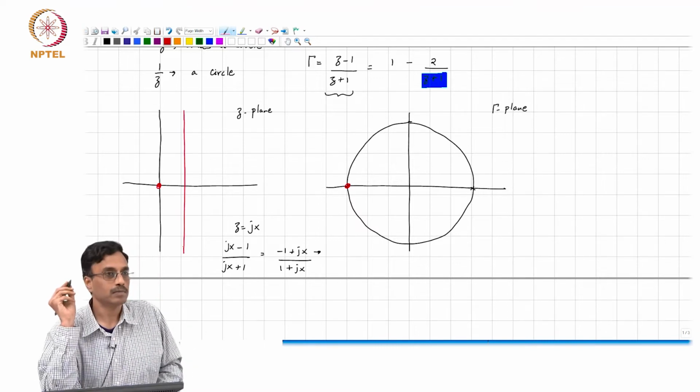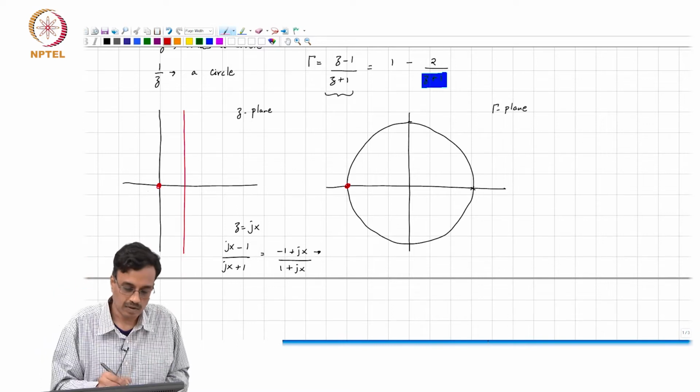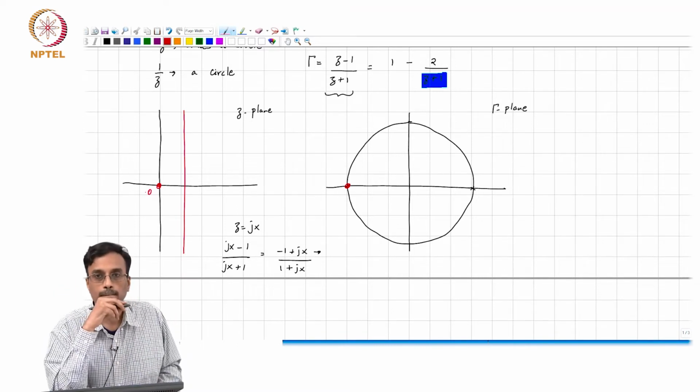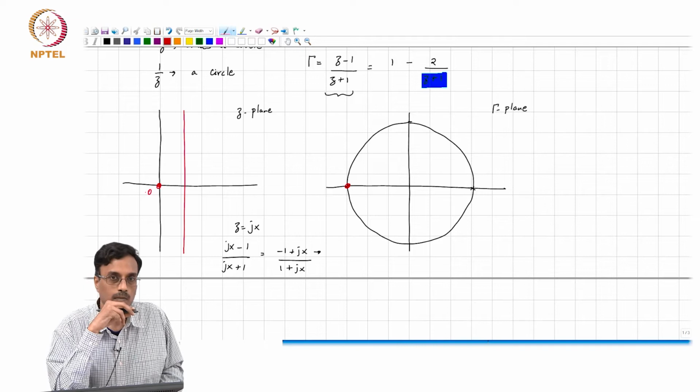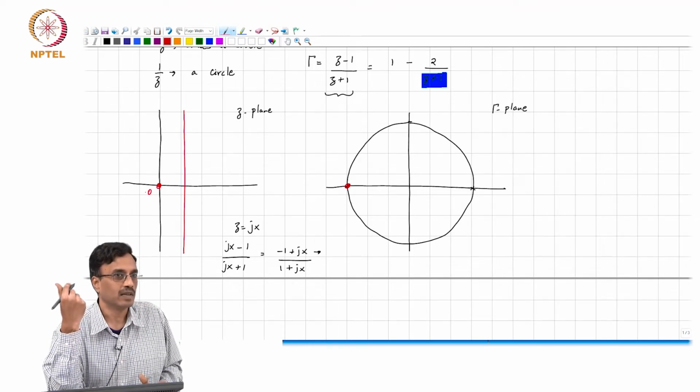All right. Now, if you have a line like this, what do you think will happen? This is 0. Well, what curve inside the unit circle?